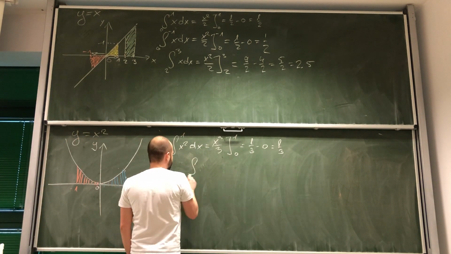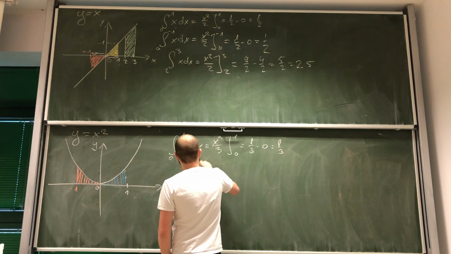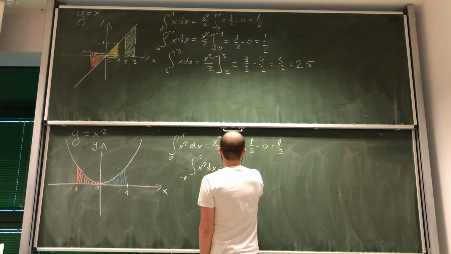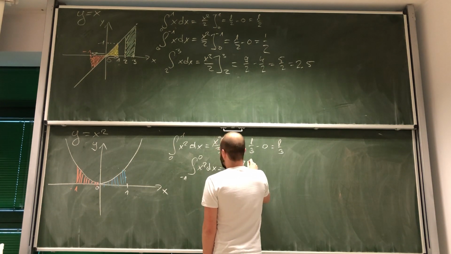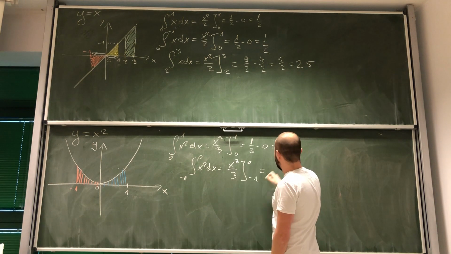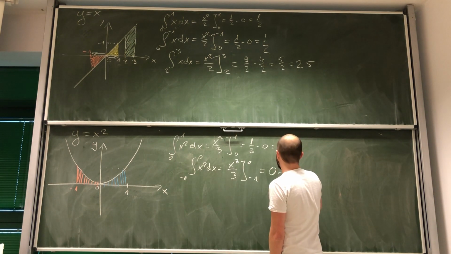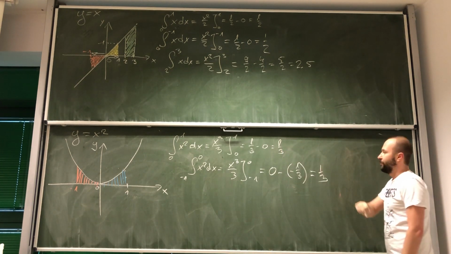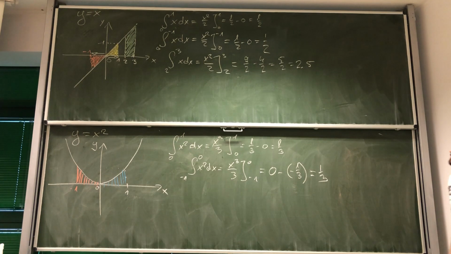We just calculate it as the integral from -1 to 0 of x squared dx. So this is x to the power of 3 over 3, evaluated from -1 to 0, which gives us 0 minus -1 over 3, which is 1 over 3.